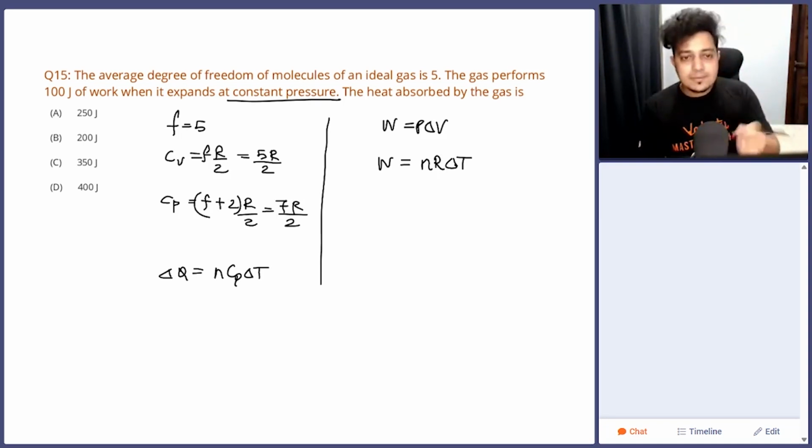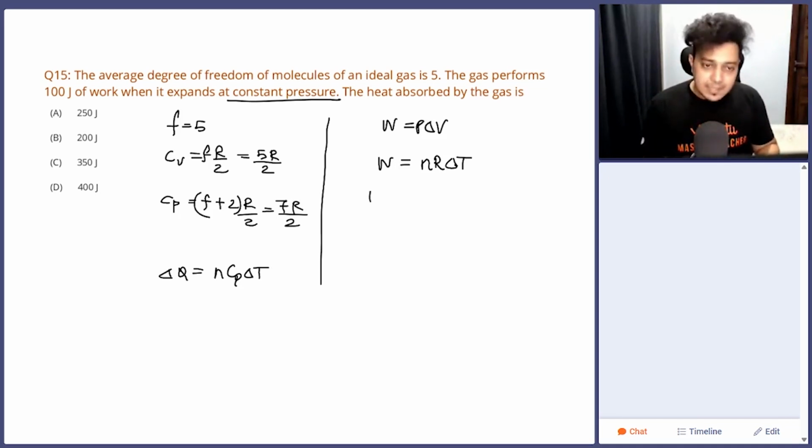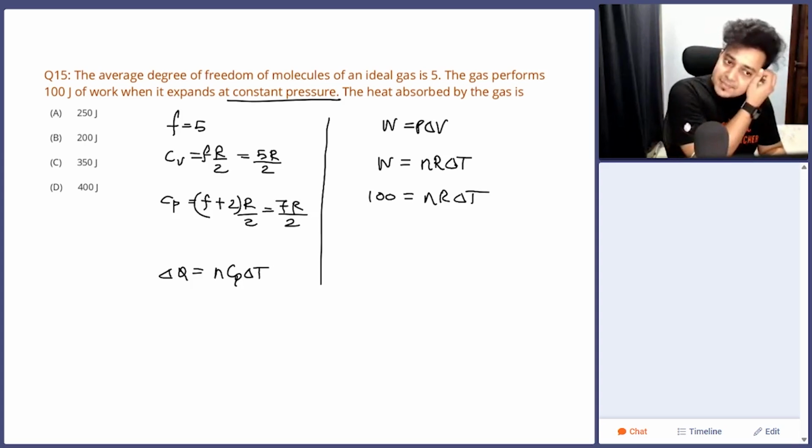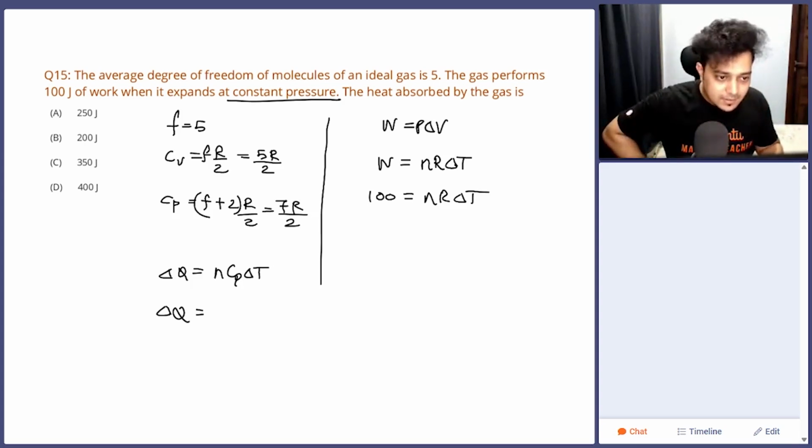So this is the work done, and that value is available as 100 joule. The gas performs this work, so it is positive work. Now notice that we can substitute a few values here. So I will write the CP formula: n into 7R by 2 into delta T.